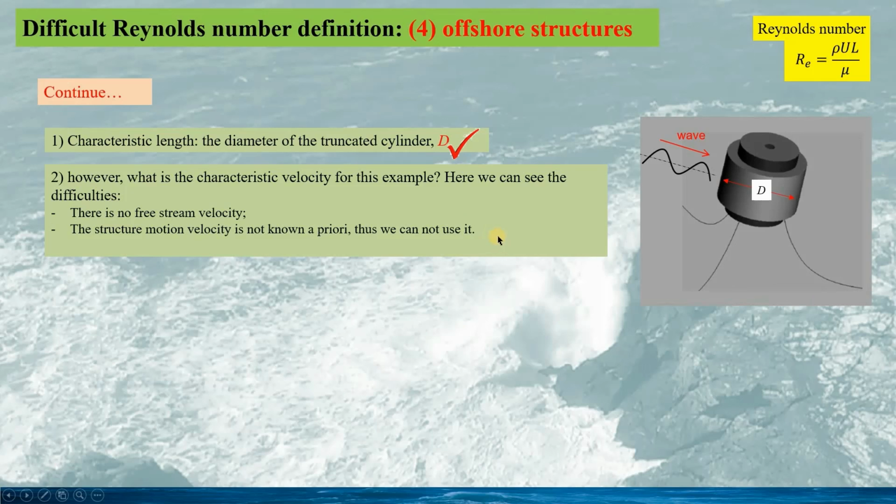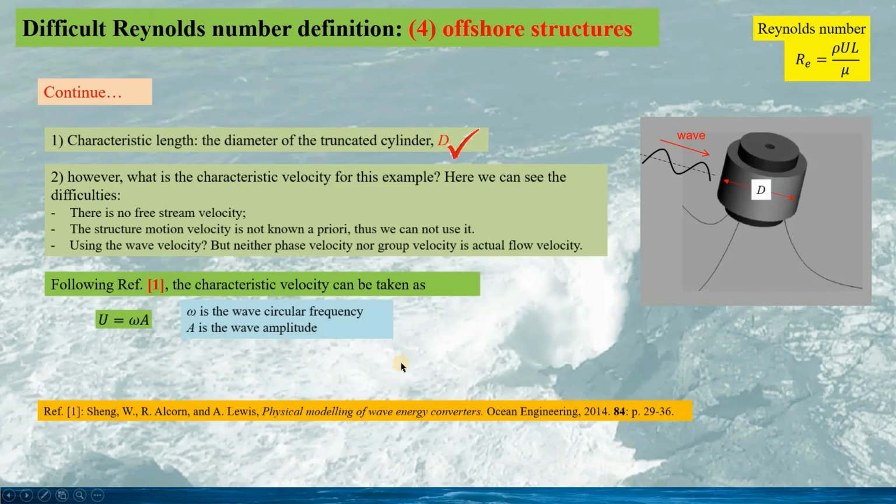It is not known a priori. Thus, we can't use it for calculating the Reynolds number. Can we use the wave velocity? But neither phase velocity nor group velocity is the actual flow velocity.